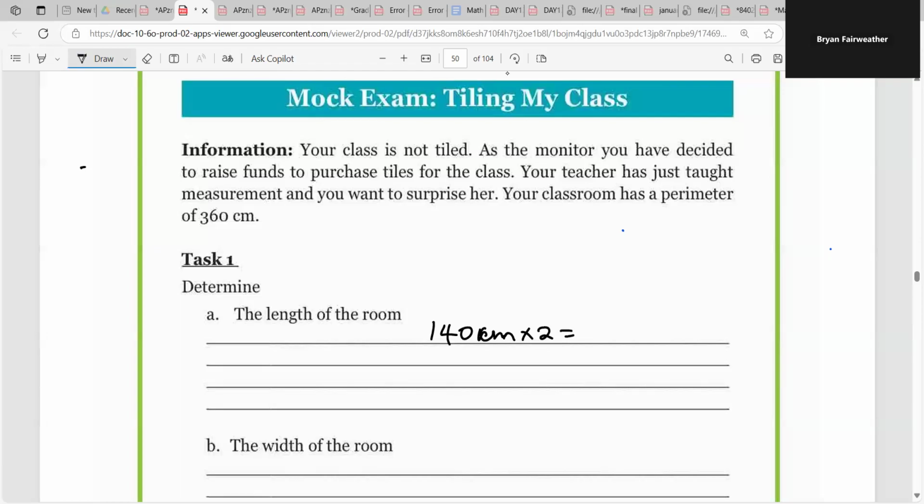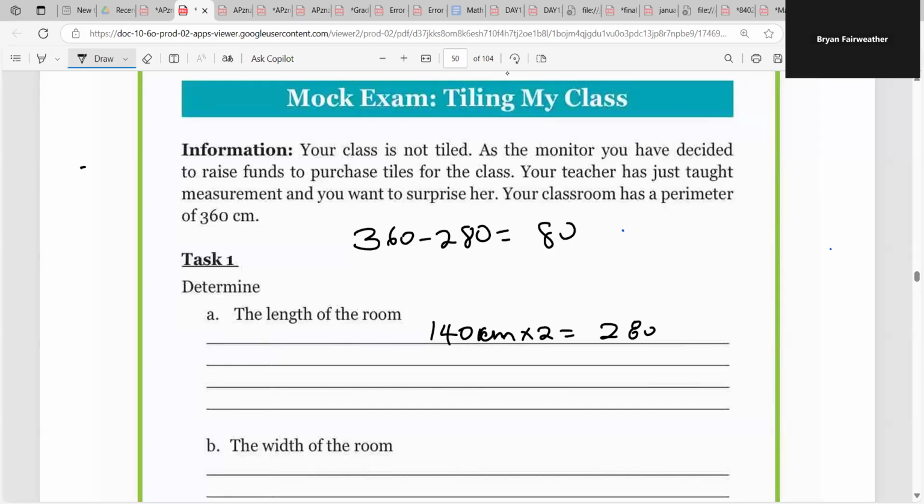And then I get 280. Then I subtracted the 280 from the 360. So now we would have 80. So now for B, the width of the room.